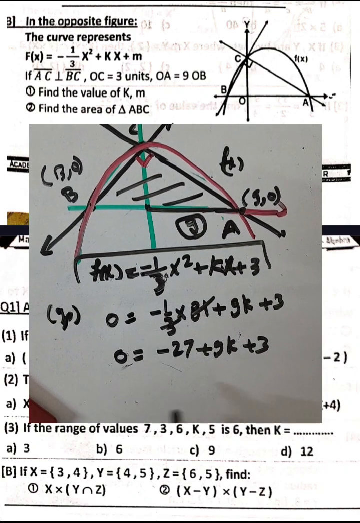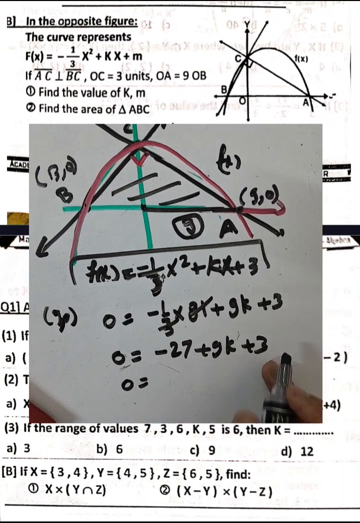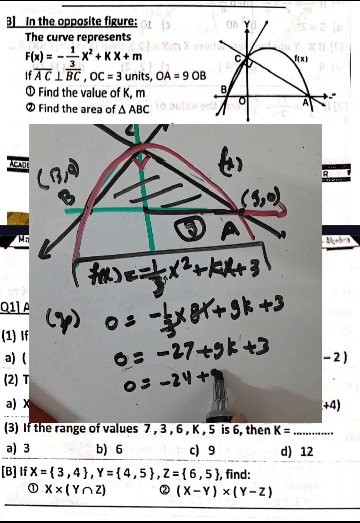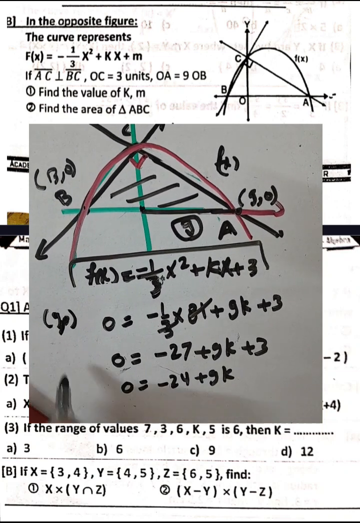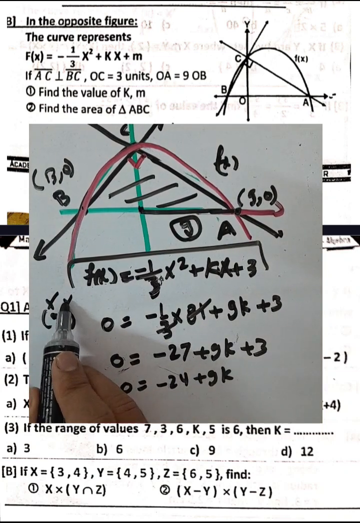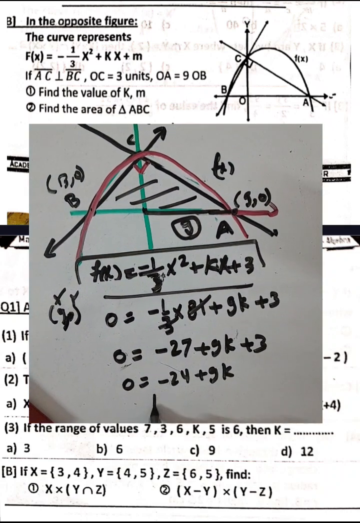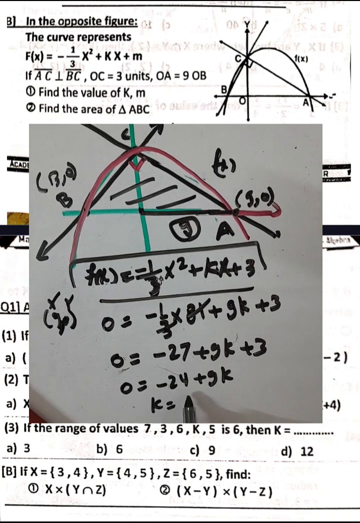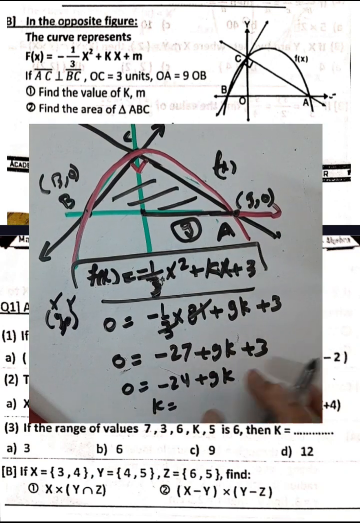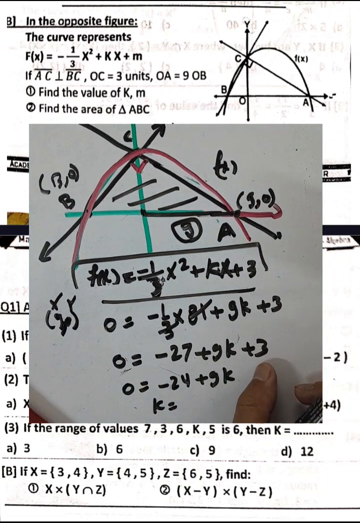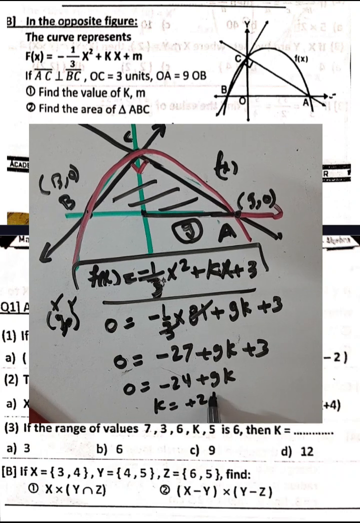Then 0 equals negative 27 plus 3, which is negative 24, plus 9k. We put x equal 9 and y equal 0 in this function. Then k will be equal to positive 24 divided by 9.